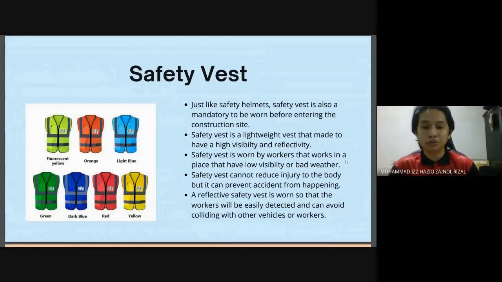Safety vests cannot reduce injury to the body, but they can prevent accidents from happening. A reflective safety vest is worn so that workers will be easily detected and can avoid colliding with other vehicles or workers. For example, when working at night time, where there is a lamp but low visibility, the function of the safety vest is so that the workers around can easily detect each other.